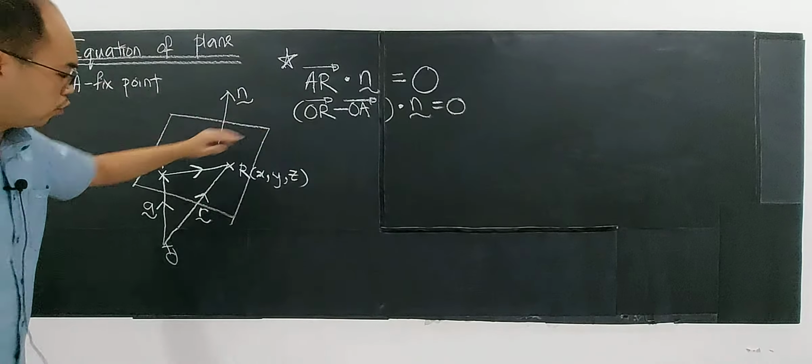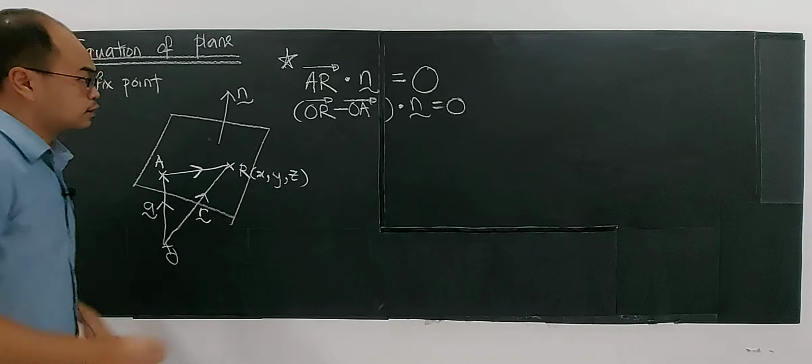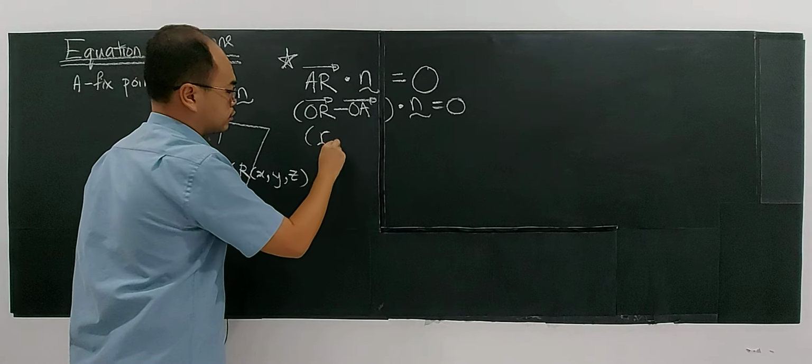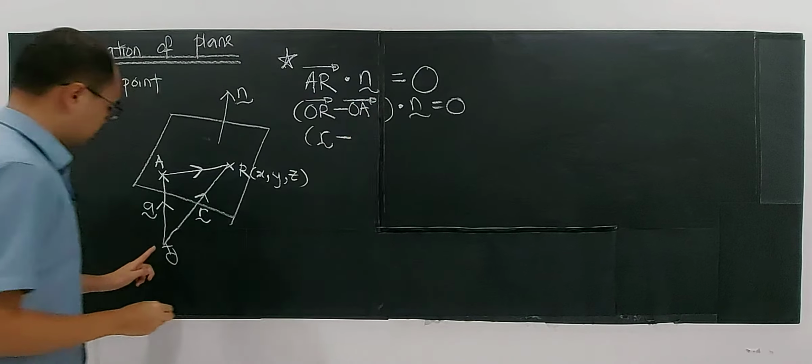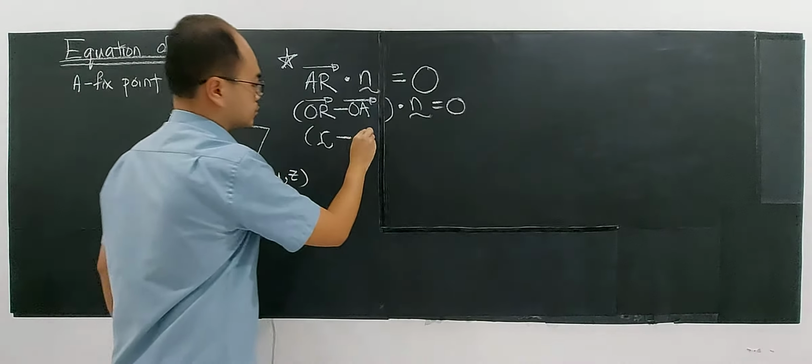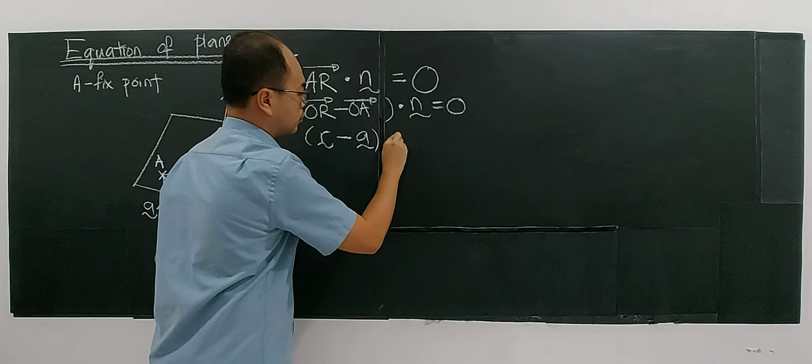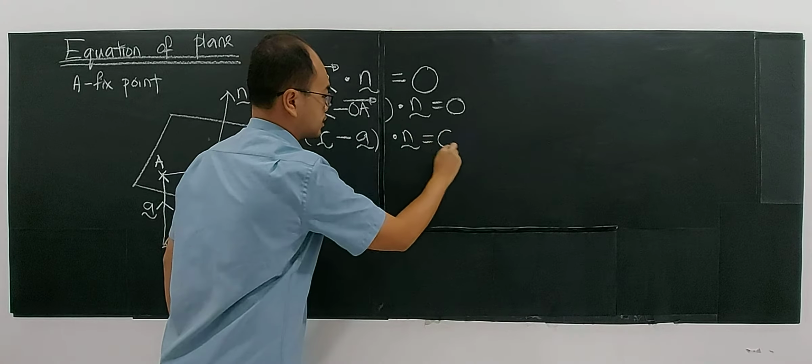I can rewrite OR as R and OA as A. So if you dot with N, you are getting 0.